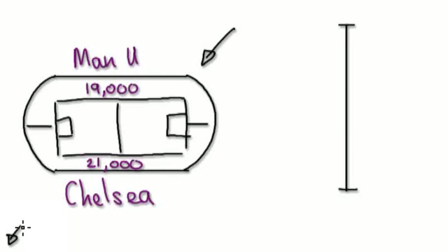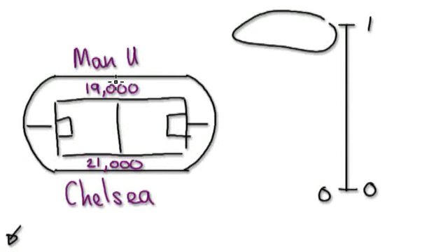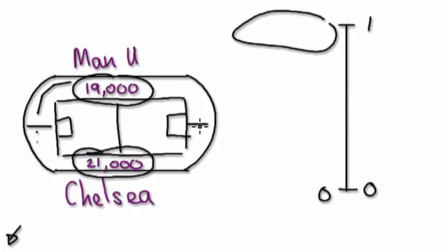Okay, so press pause and have a go. Okay, so draw your diagram. It should look something like this. Now, what would represent the whole thing here? Well, it would be this number plus this number, because the whole thing represents all the supporters.